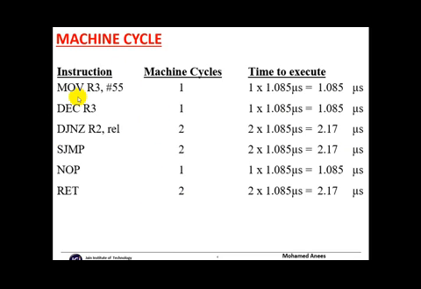In the coming lectures we shall see how to calculate the time taken by a code using software instructions. Why this is called a software delay is that we are generating the delay using software instructions. We are not using the timer module.